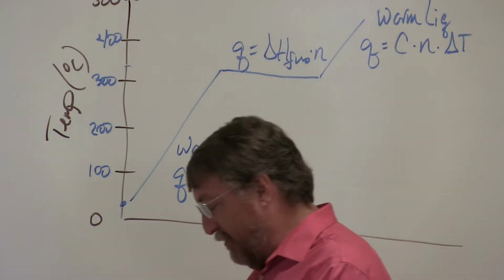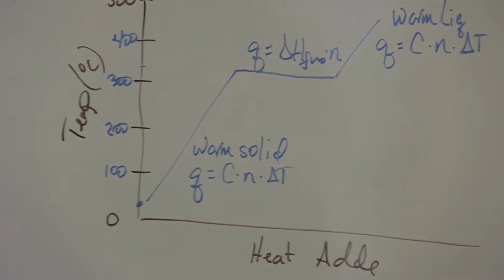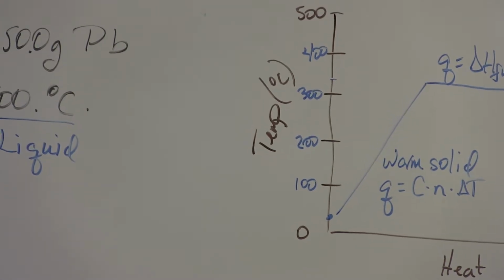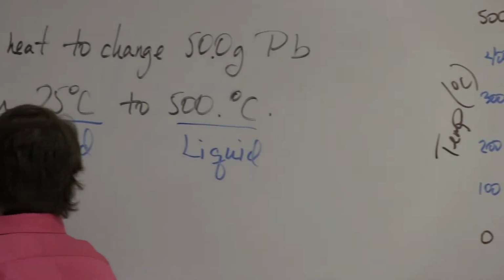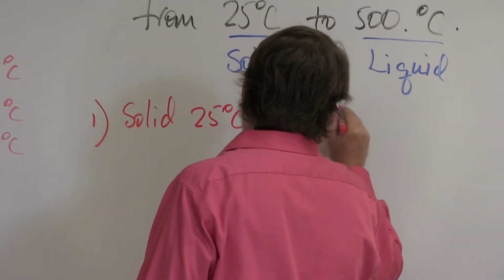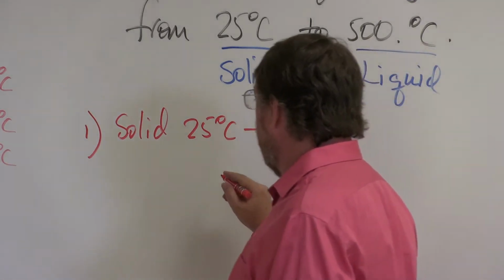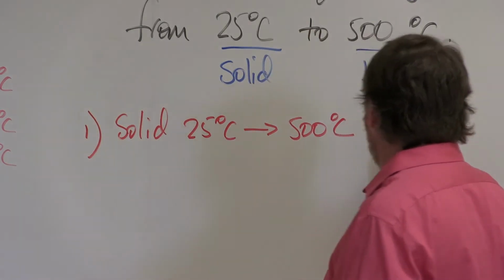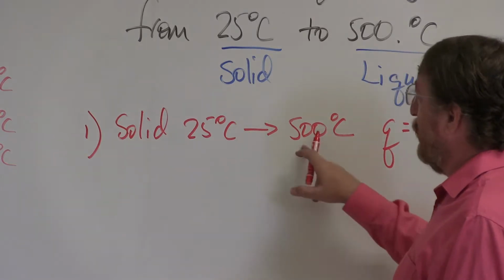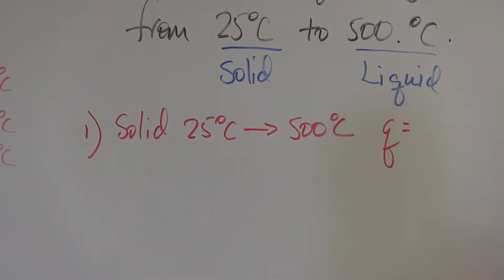Okay, so let's do those three calculations. The first calculation is taking the solid from 25 degrees Celsius to 500 degrees Celsius. Okay, well, we know that calculation. That is Q equals Cm delta T. We're going to need the moles present here for 50 grams.